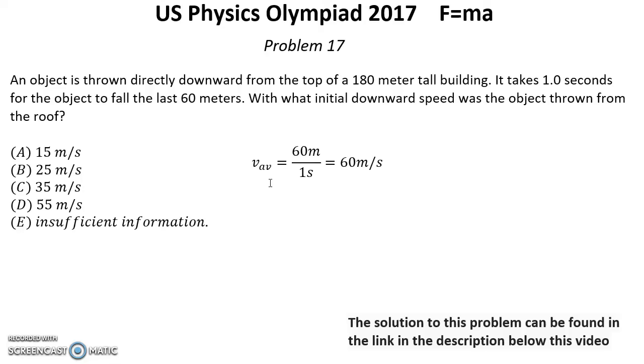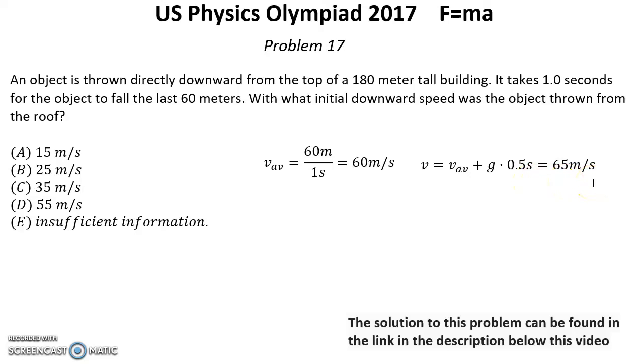It means that after that this object traveled for half a second and got additional speed g multiplied by half a second. So the final speed is v average plus g multiplied by half a second, which is 65 meters per second.